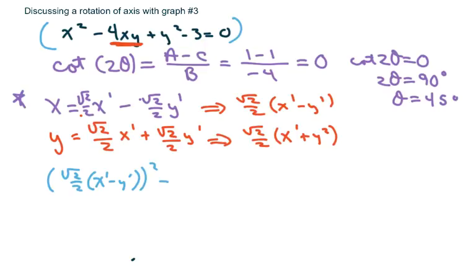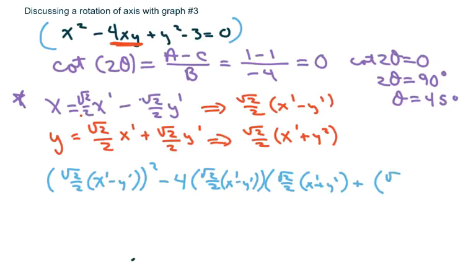So that's your x squared, minus 4 times your x times your y, plus y squared, and then we're just going to add 3. I'm going to add 3 on the side here.